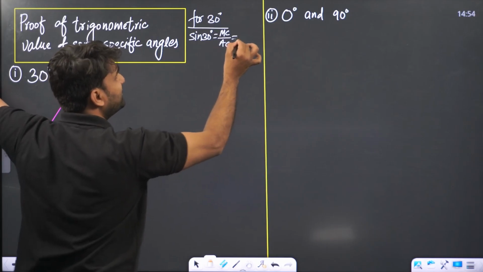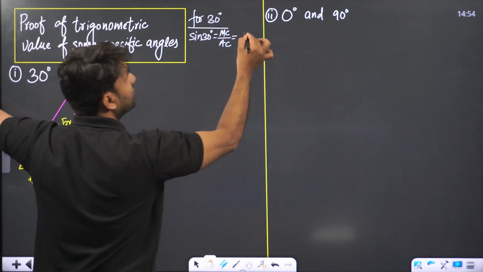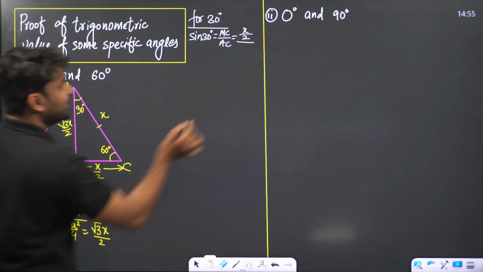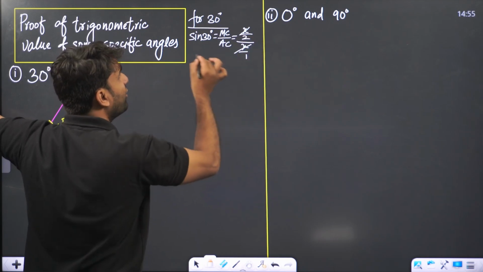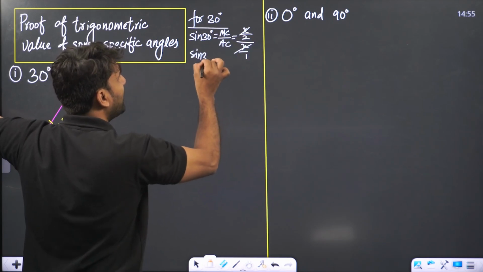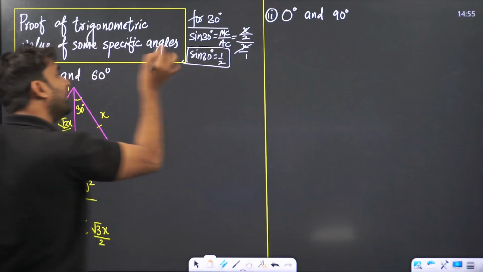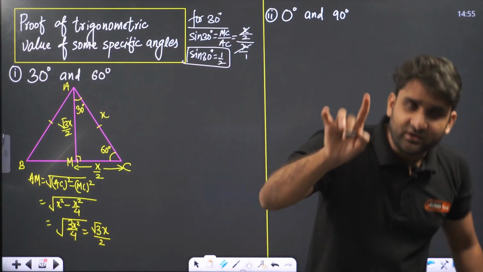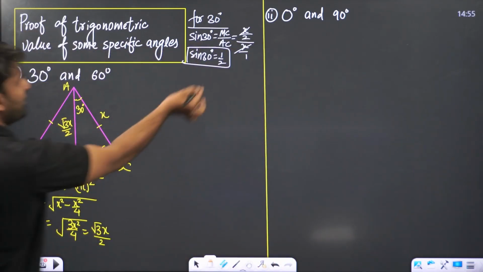And what is MC here, guys? MC is equal to x by 2. And what is AC? AC is x, x by 1. X cancel. Oh my God, sine 30 degree is equal to 1 by 2. Go and verify in the trigonometric table. What is the value of sine 30? Sine 30 is 1 by 2. This is the proof.